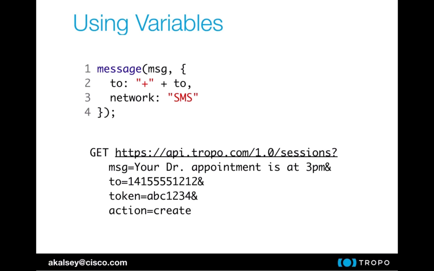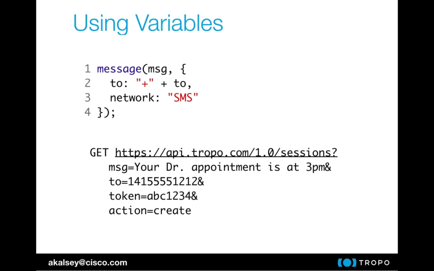The query string variable MSG will become the JavaScript variable MSG on line 1. And so this will allow me to request this session API hundreds or thousands of times, changing just the message and the 2 variable and having those change in my code.